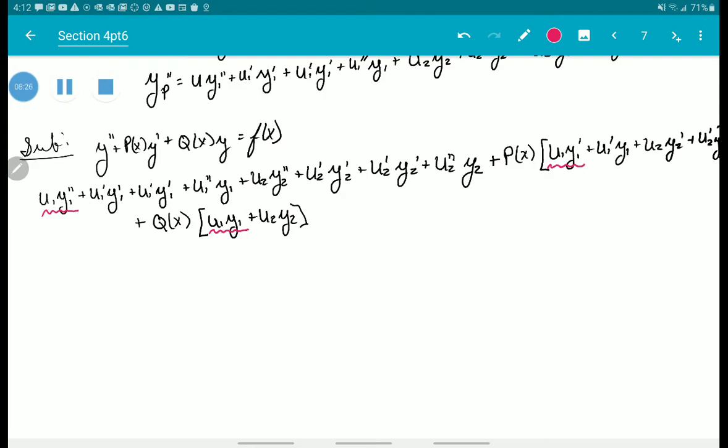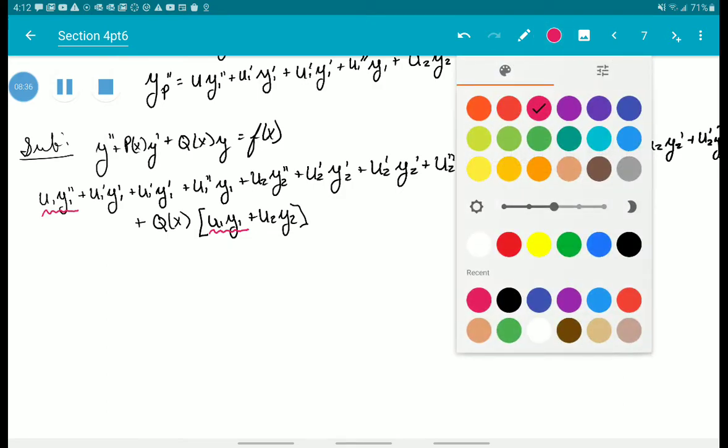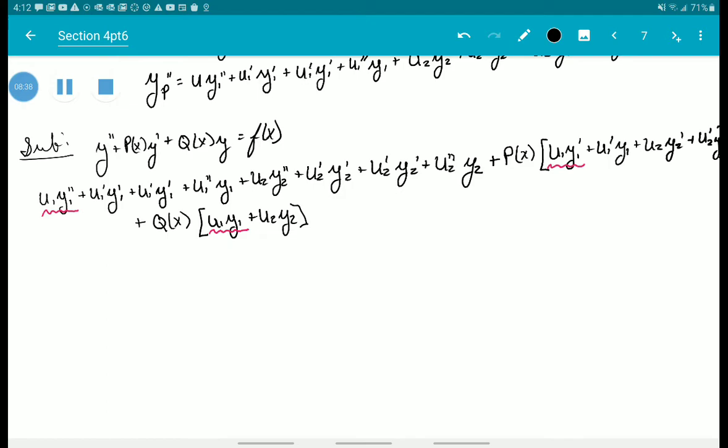And I'm trying to make some of this look like something that I already know, something in terms of what that complementary solution was. That way I can cancel some things out. So if I were to write that, I'm going to factor that u1 out. And that's going to leave me with y1 double prime plus p of x times y1 prime plus q of x times y1.